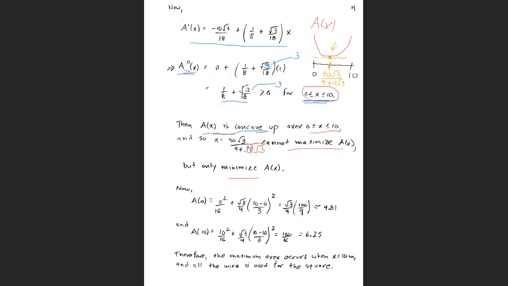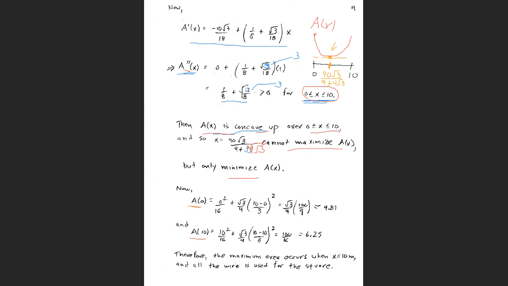You can only minimize it. So that means to determine where the area is maximized, you have to evaluate the endpoints. In other words, the maximum value of the area is going to occur at one of the endpoints.